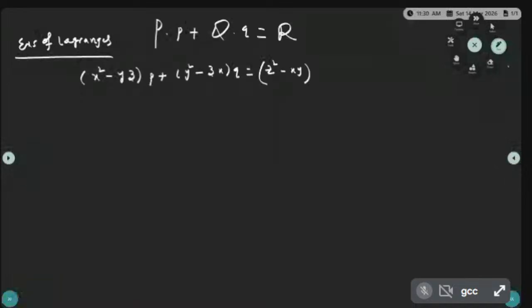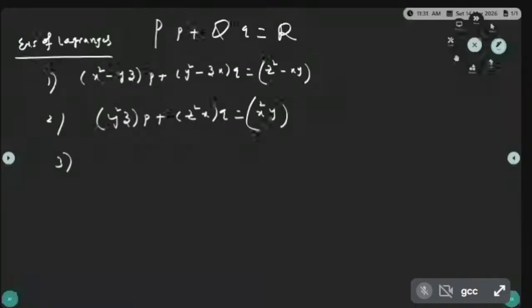Okay. Now see, y square z plus z square x into Q equals x square y. This is also in which form? P into P, Q into Q equals R. What is capital P? Capital Q? Capital R? This is also Lagrange's.